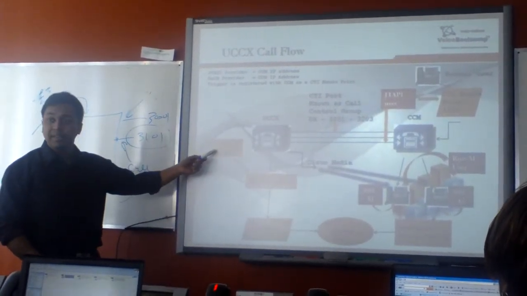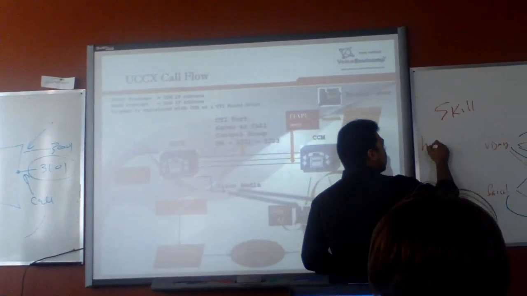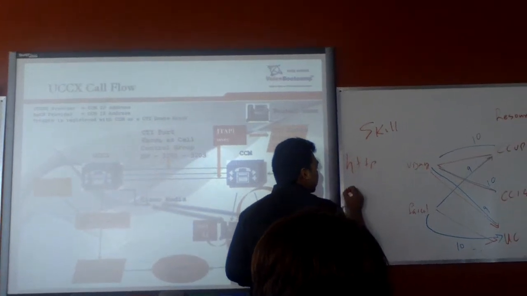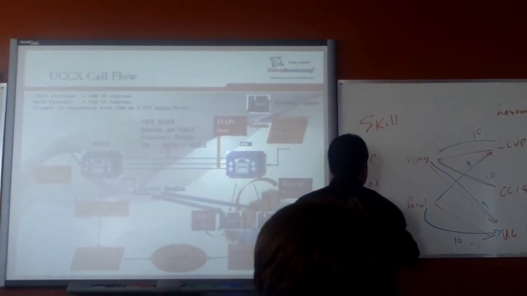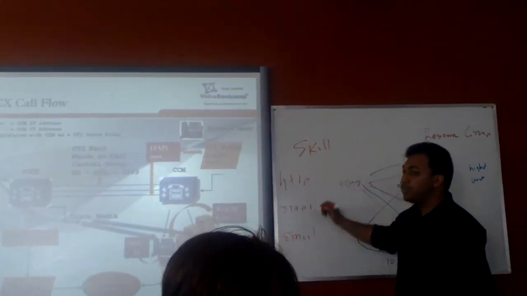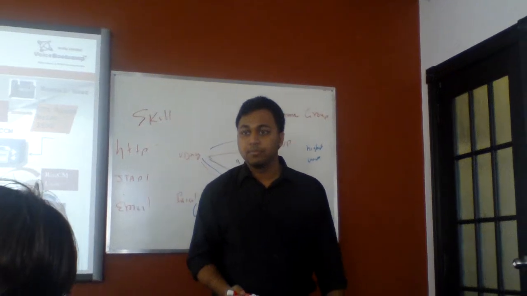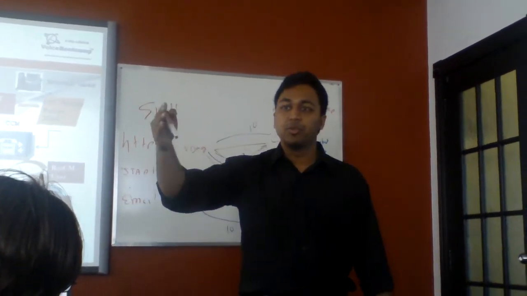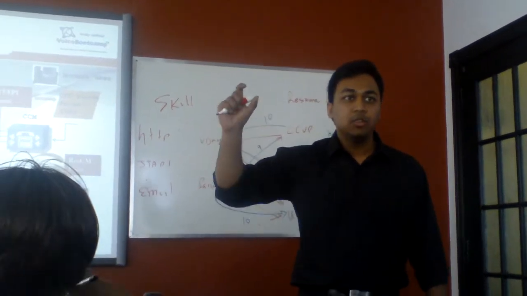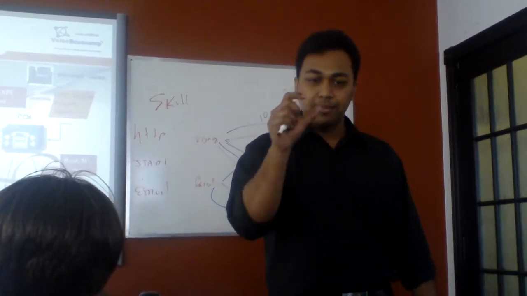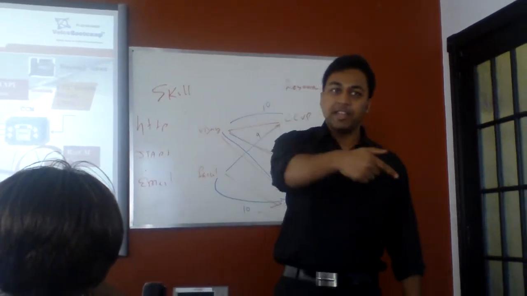There are three types of trigger you have: HTTP, JTAPI, and now I have an email trigger. HTTP trigger is like when you want to call the script from a web page, www.voicebootcamp.com/callme. That callme will then immediately take the phone number from the form that you fill up and send the call to the agent.